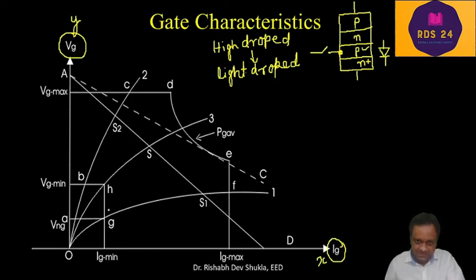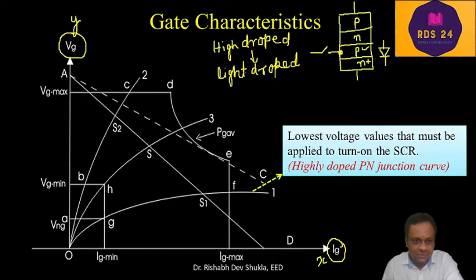Let us start drawing the curves between the axes, with Vg on the y-axis and Ig on the x-axis. We have drawn this characteristic as curve 1.